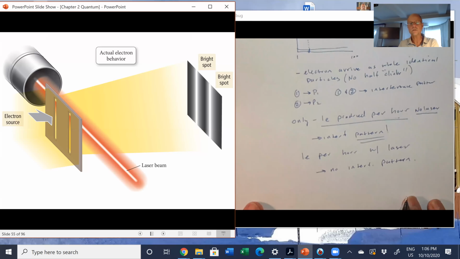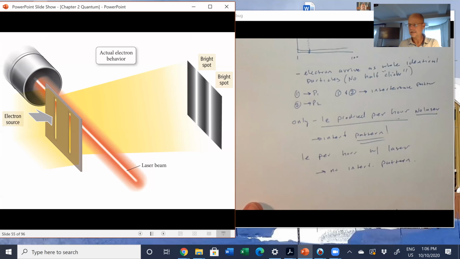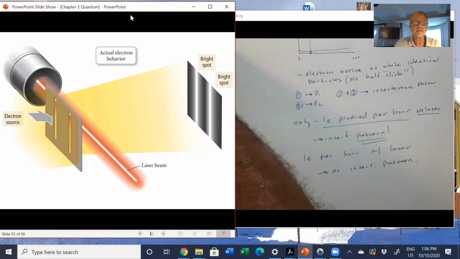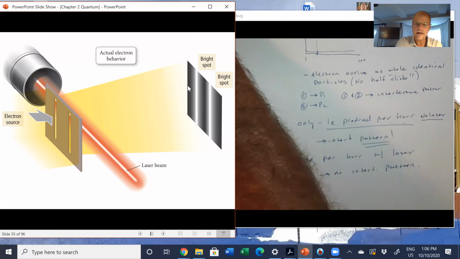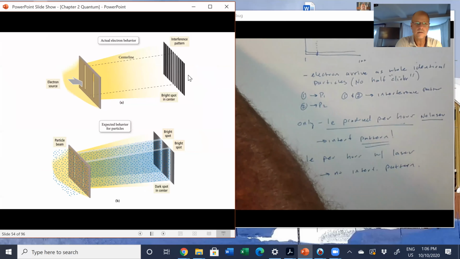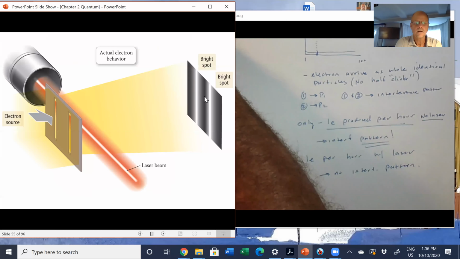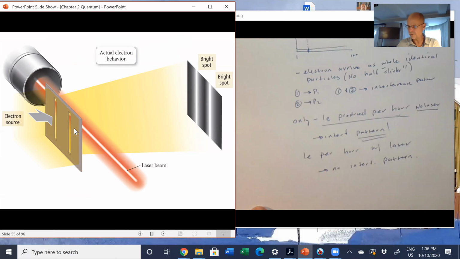So somehow when we turn that laser on, it's changing things. Instead of getting what we had here, we just get 2 bright spots, 1 here and 1 here. And we see a flash either from hole 1 or from hole 2, but never from both at once.